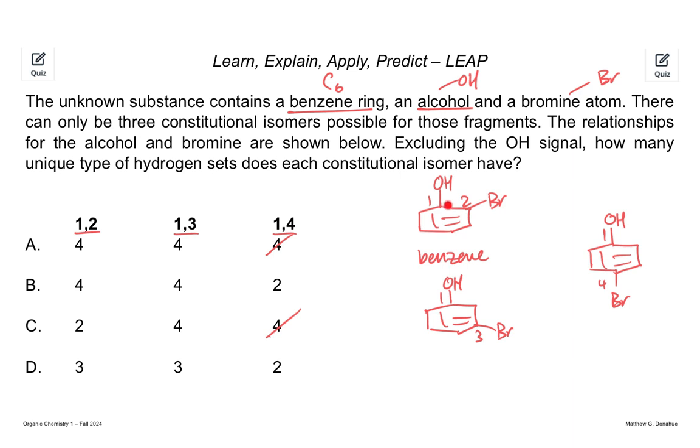Now let's just go back to the 1-2. We're not counting that H. We go on to the ring. There's 1, 2, 3, 4. These carbons at 1 and 2 were the ones that did not have hydrogens attached to them. So that has 4.